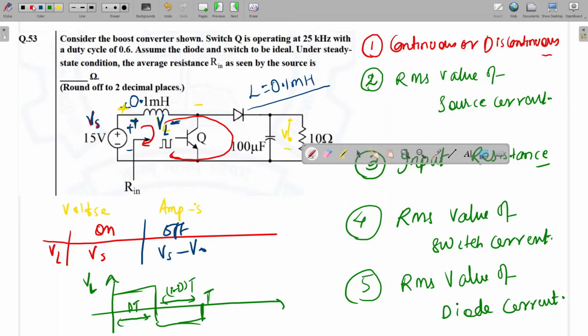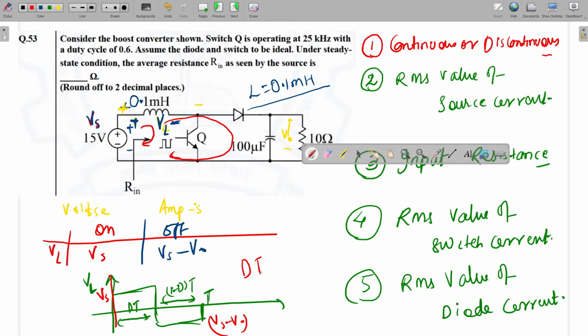When we apply volt second balance, the area under this curve should be zero.